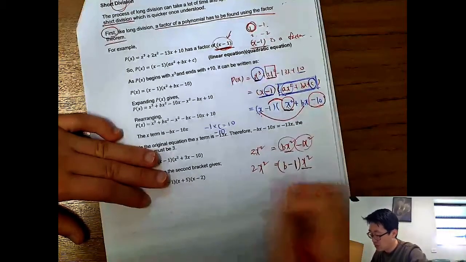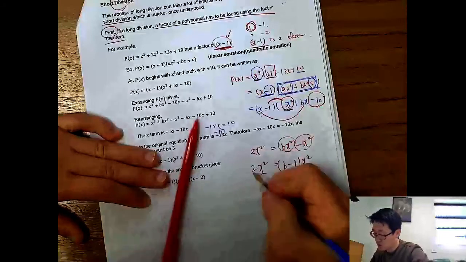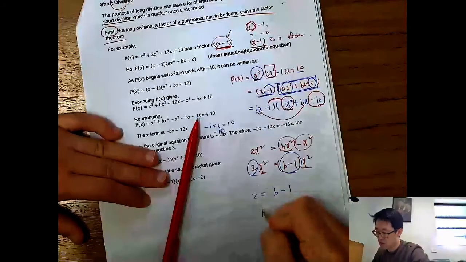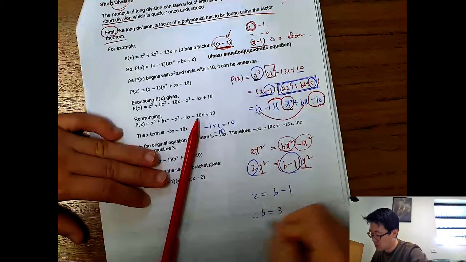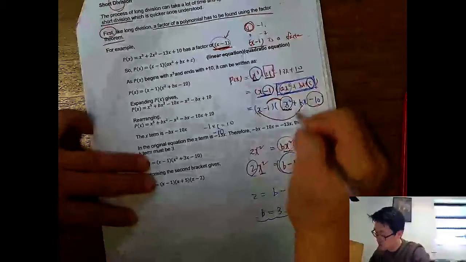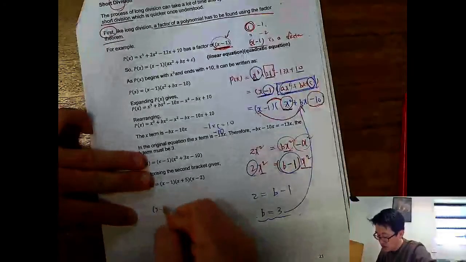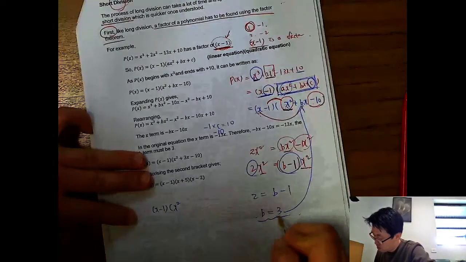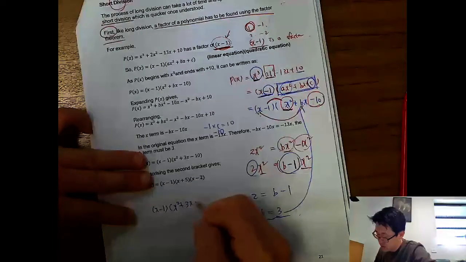Therefore for x squared I only compare the front part: 2 equals b minus 1. Therefore b equals 3. So x minus 1 times x squared plus 3x minus 10.